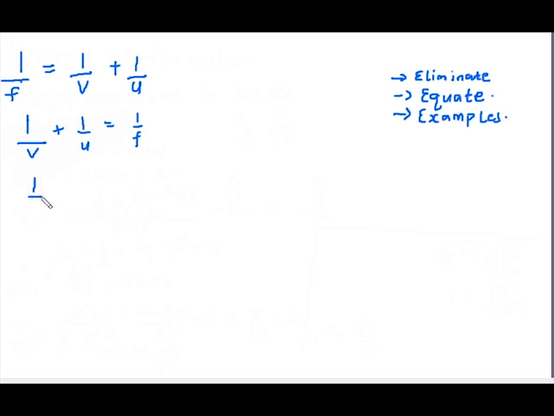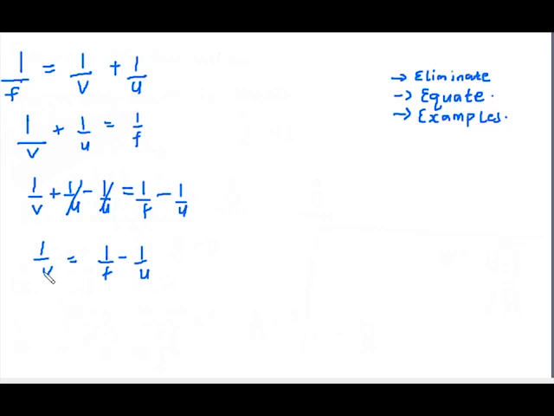So simply we'll be saying 1 over v plus 1 over u minus 1 over u equals 1 over f minus 1 over u. So 1 over u ultimately cancels out 1 over u, and then you have 1 over v, which is equal to 1 over f minus 1 over u.